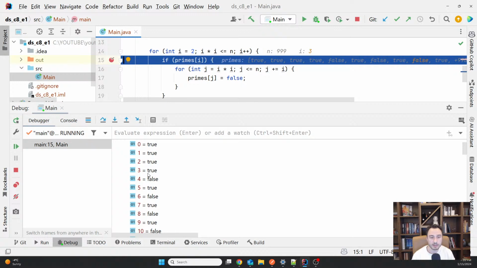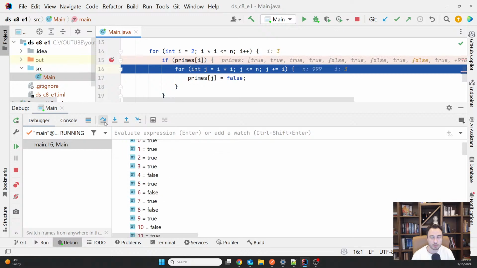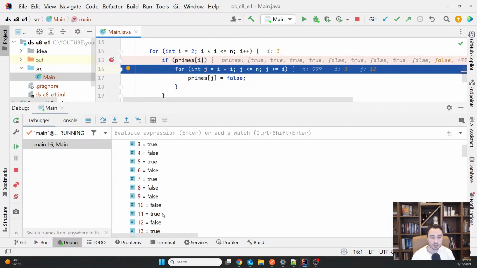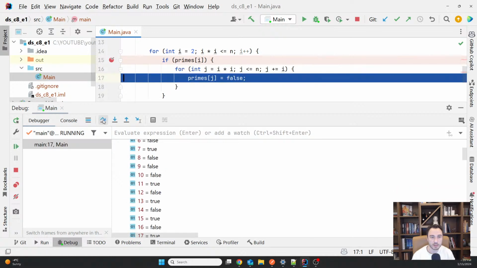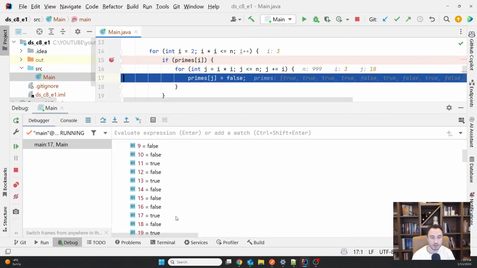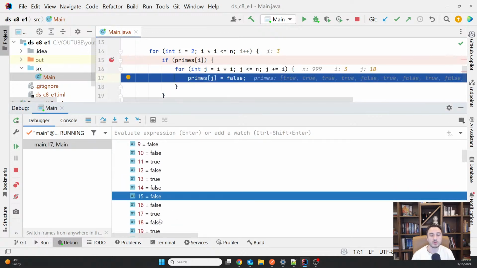So 3 times 3 will be 9. Please do observe that before that, all of them that are non-prime have already been excluded. So now it goes to 9 and makes 9 false, and then 12, but it was already false from the 2, and then 15 becomes false as the next one, and so on and so forth.